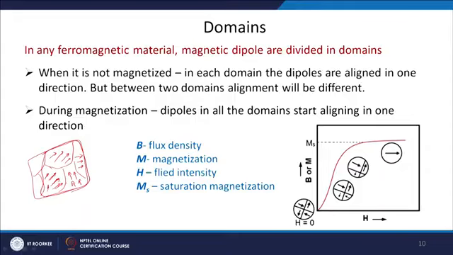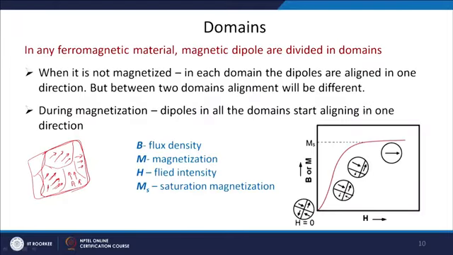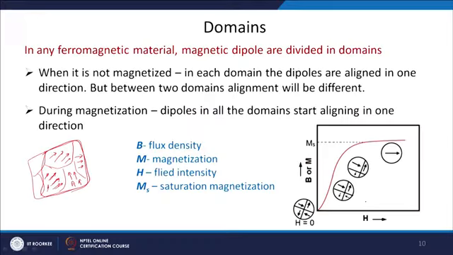So when it is not magnetized, all these domains are aligned in a very random way. But during magnetization, dipoles in all the domains start aligning in one direction. This can be shown by a curve like this, called a BH curve, where B is the flux density, which we are inducing in the material, or you can say M also, magnetization.